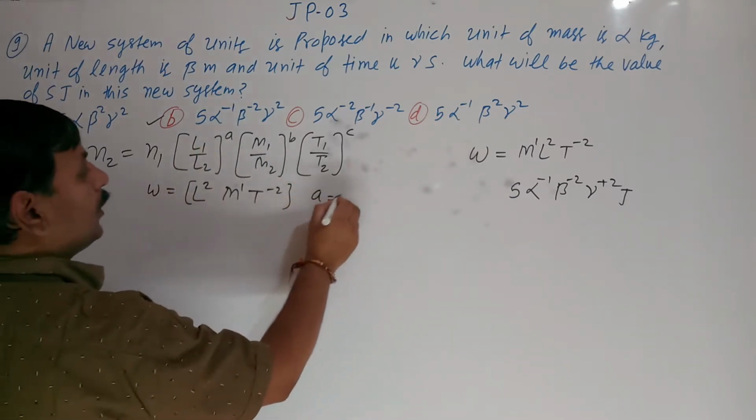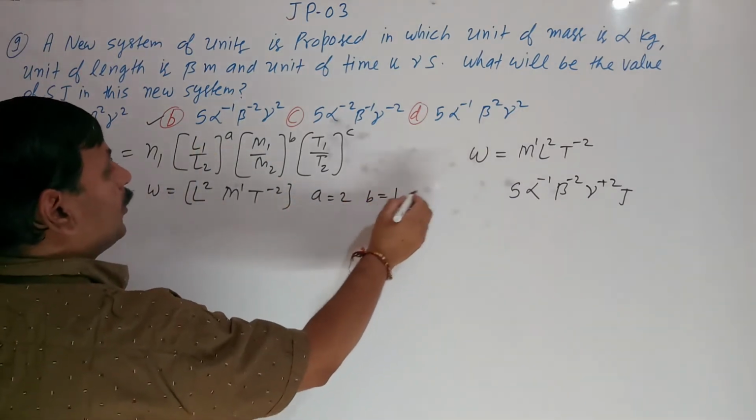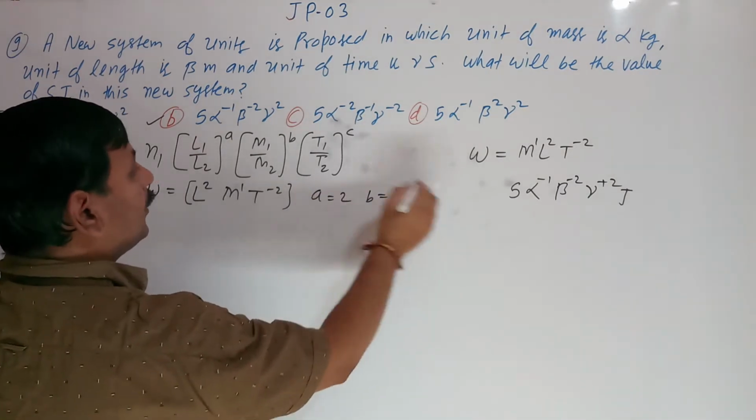A is equal to 2, B is equal to 1, C is equal to minus 2.